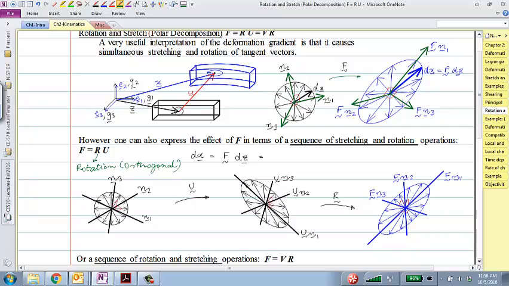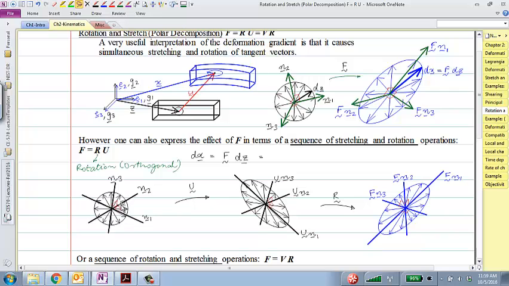You remember maybe back when you were doing homework 2 that we had a tensor Q that used to take vectors E1, E2, E3 to the corresponding G1, G2, G3. That was a rigid body rotation of the basis vectors E1, E2, E3 to G1, G2, G3. That Q was an orthogonal matrix or orthogonal tensor, because Q transpose Q was equal to identity and Q times Q transpose was equal to identity. This R is also an orthogonal tensor.